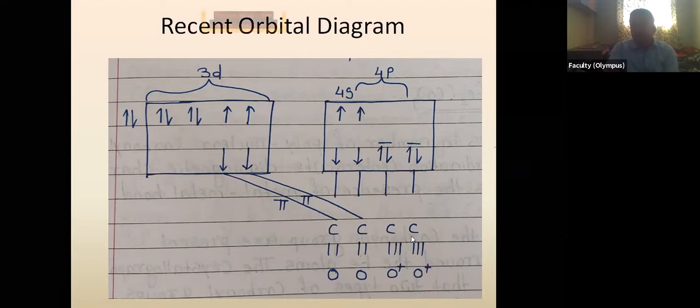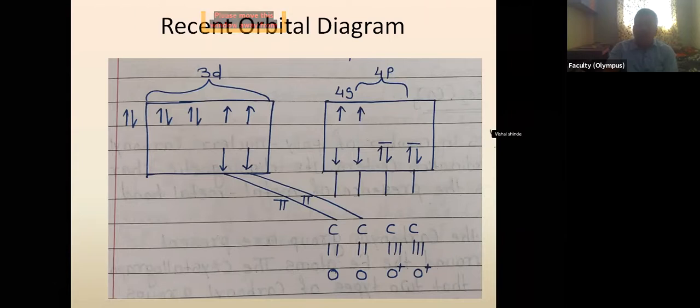Now the filled orbital of this carbon monoxide overlaps with empty hybrid orbital of nickel. These two. There is a dative bond between these two. This carbonyl and this one, these two carbonyl groups are bonded with the nickel by dative bond, coordinate bond.